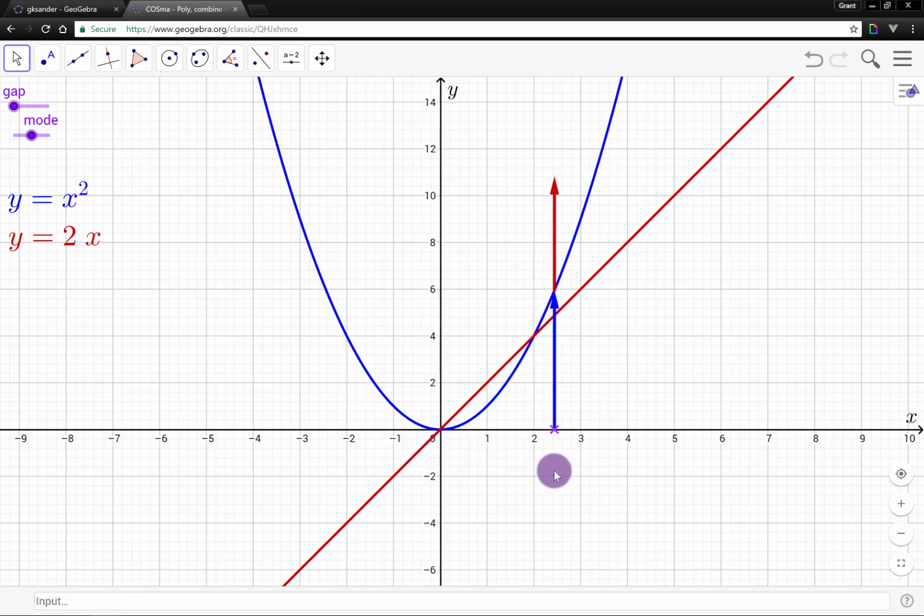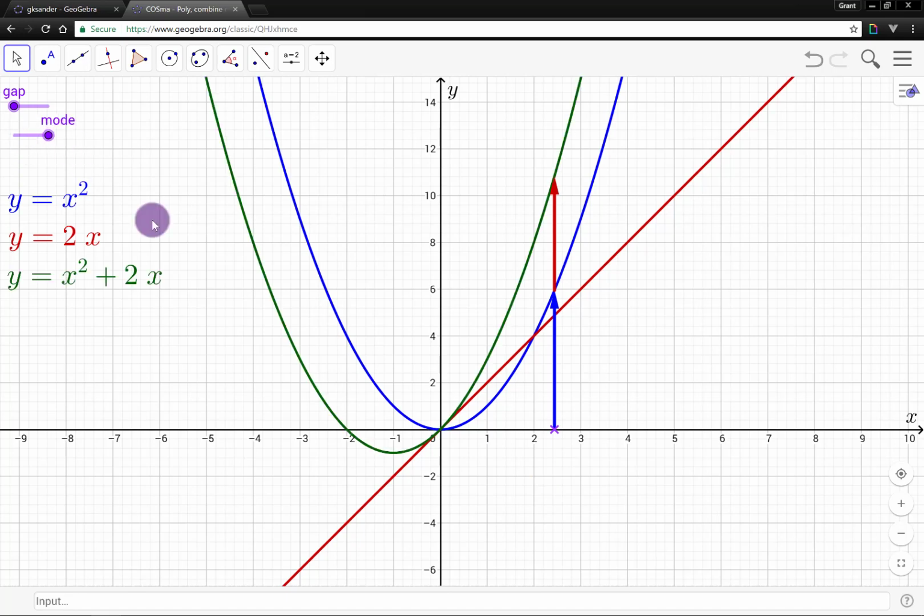And if we track that combined amount, what we're going to get is a graph of the combined amount of x squared and 2x. And the combined amount of x squared and 2x is really the amount x squared plus 2x. So if we want to look at the value of x squared plus 2x, we can just imagine combining x squared and 2x.